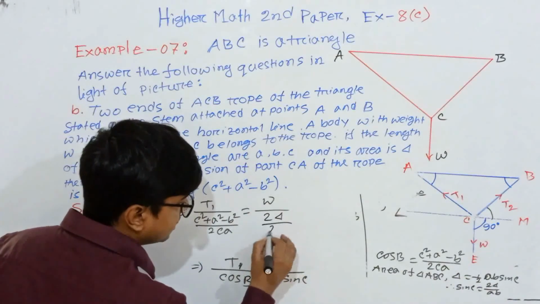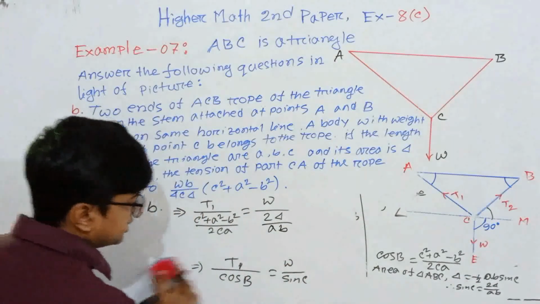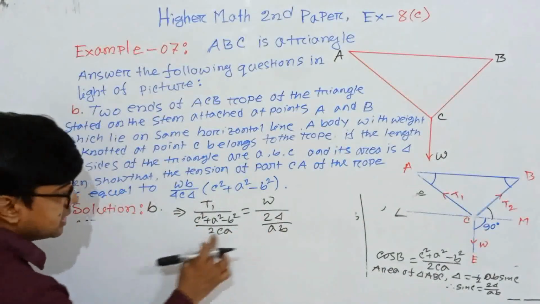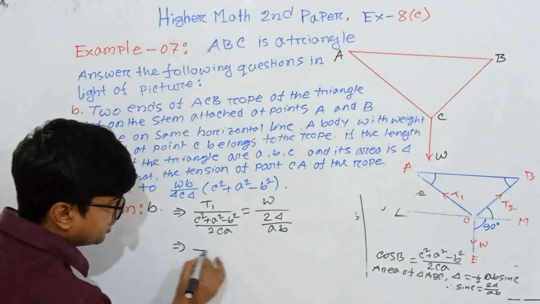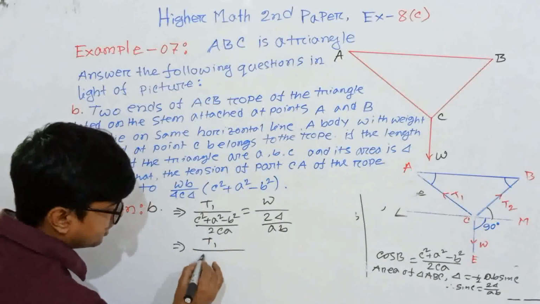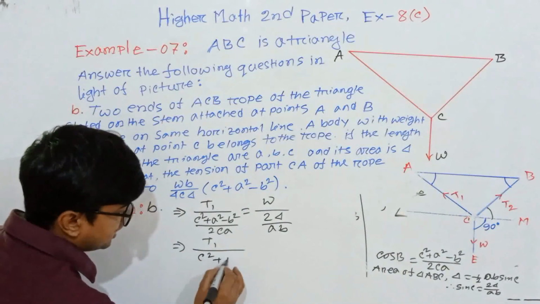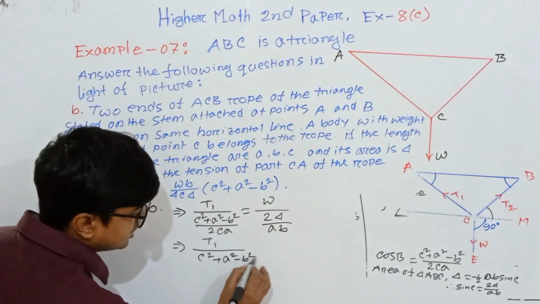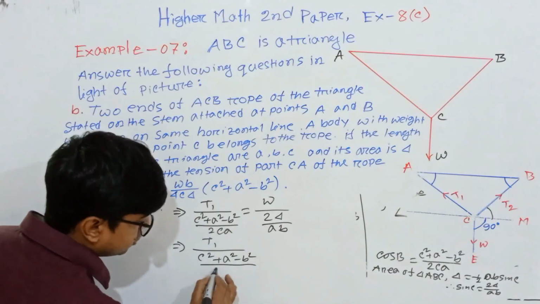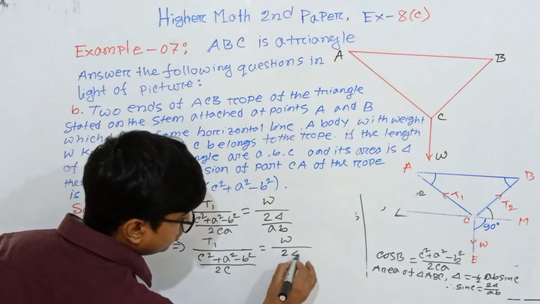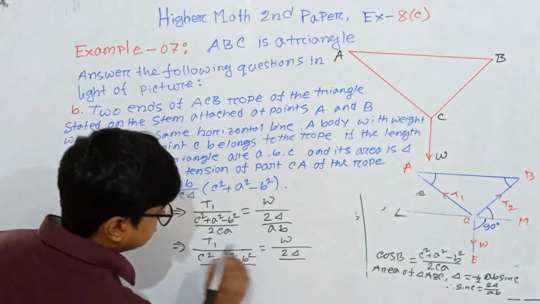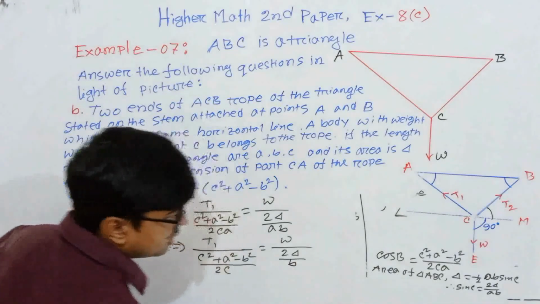From these two parts, A and A are cancelled. So we can write T1 by (c square plus a square minus b square) by 2c equals W by 2 del by b.